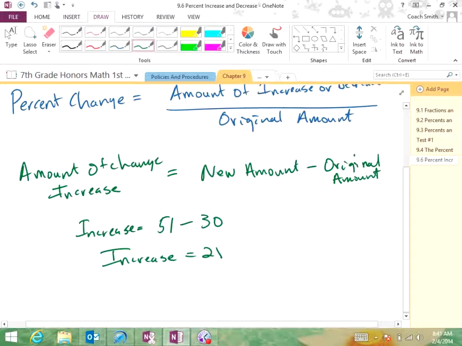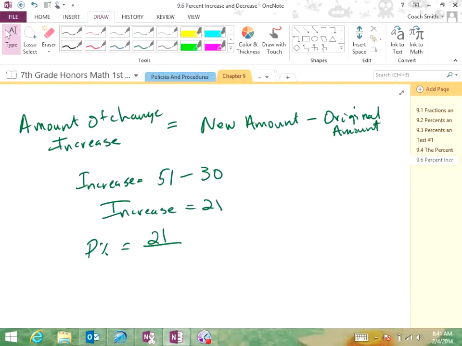Okay, so I'm going to plug that into the percent of change formula. So the percent change is equal to the amount of increase, 21, over the original amount, 30. Okay, so you have 21 over 30. Now, does 21 over 30 reduce?